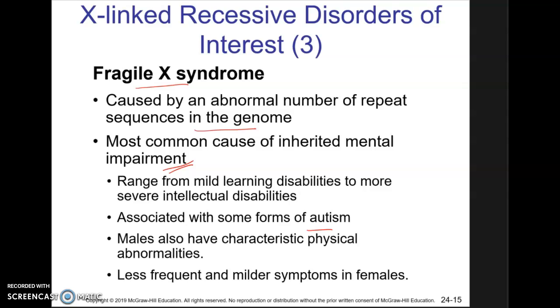It may also result in some forms of autism. Males also have characteristic physical abnormalities, especially a long face, prominent jaw, large ears, excessively flexible joints, and genital abnormalities. Symptoms are less frequent and milder in females, however.